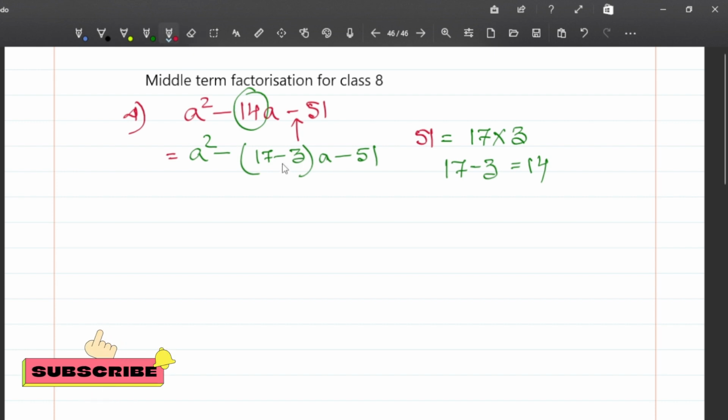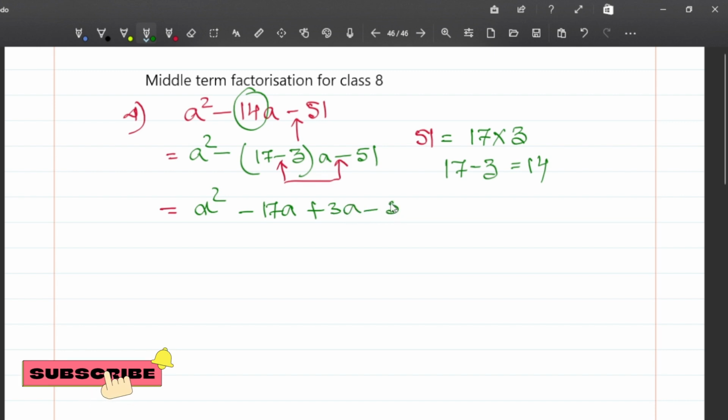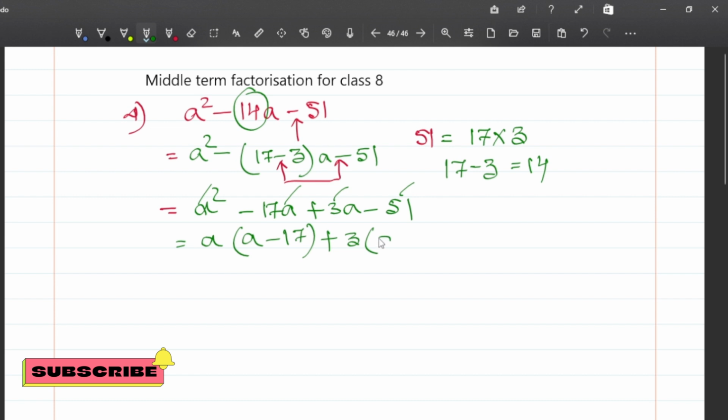Look again, this sign and this sign are the same. Now do multiplication very carefully and take common a from the first two terms and 3 common from the third and fourth term. Again you can see these two terms have become the same.